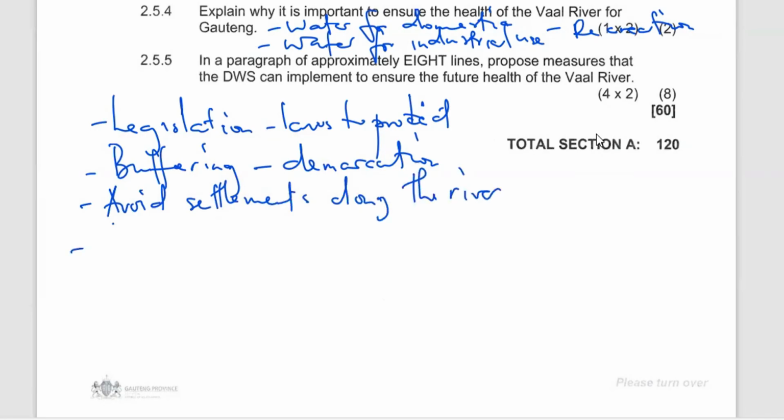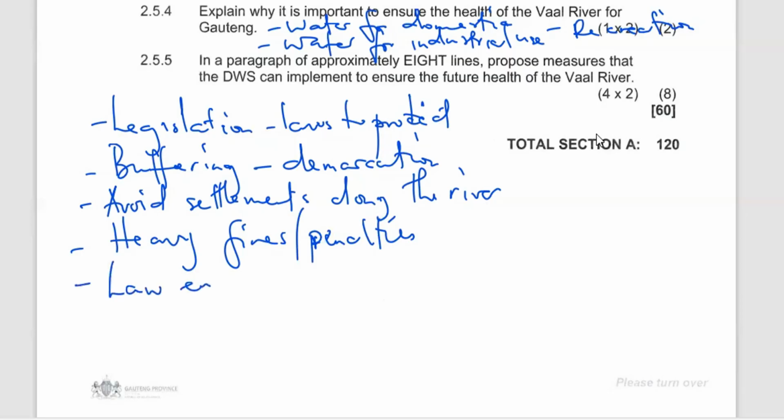We can also talk of heavy fines and penalties for those who are seen polluting the river. Or we can talk of law enforcement: maybe we need to put security to man the river and ensure that the river is safe.